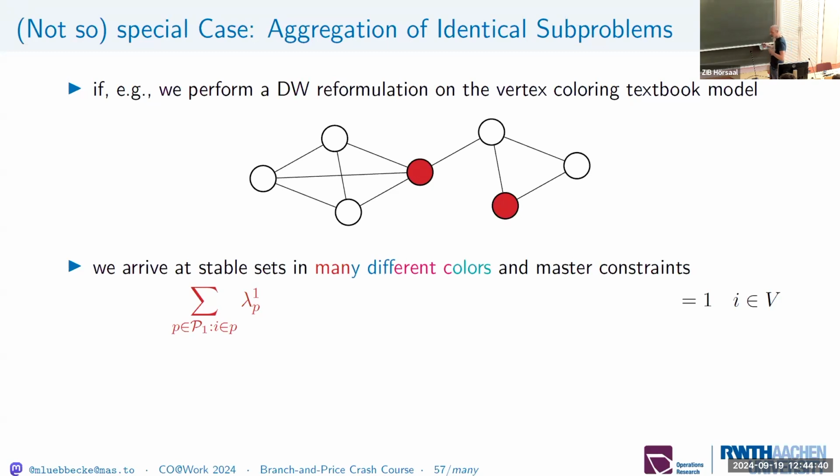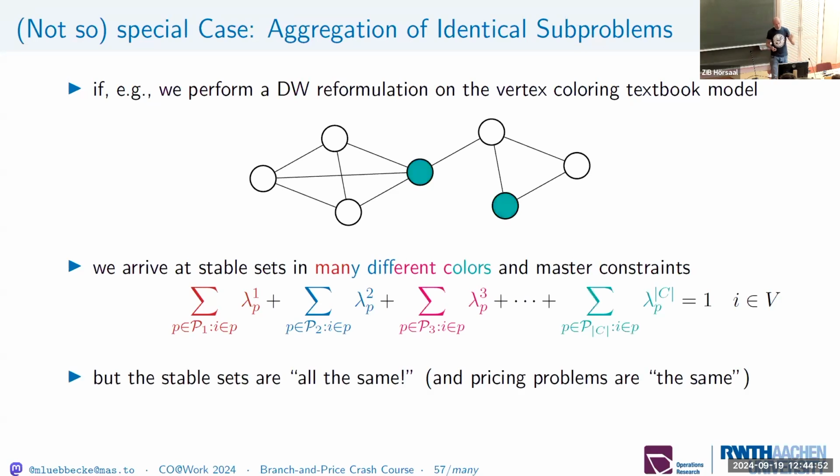Right, so this is what a direct application of the Dantzig-Wolfe reformulation would give you. So you have the red stable sets, and you have the blue stable sets, and you have the pink stable sets, and whatever. You have all the stable sets, and you would combine all of them. So this is where you would end up, and taking from all of these, exactly every vertex must be covered once.